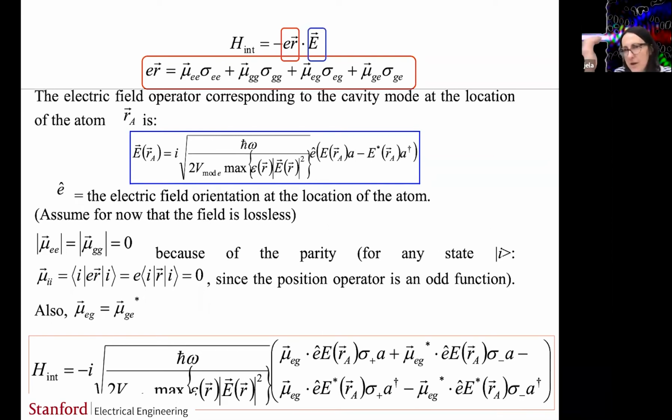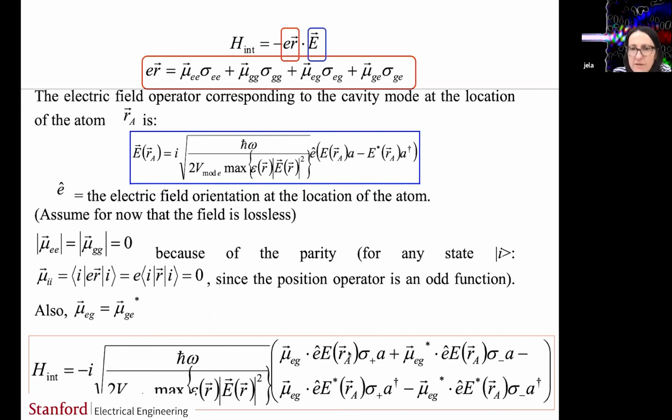So you can just apply complex conjugate and they're basically the same. And then you have the value of the electric field or its complex conjugate at the location of the atom, and the orientation of the electric field. And then we have these terms, which are basically operators, products of, for example, the raising operator and the annihilation operator and so on.